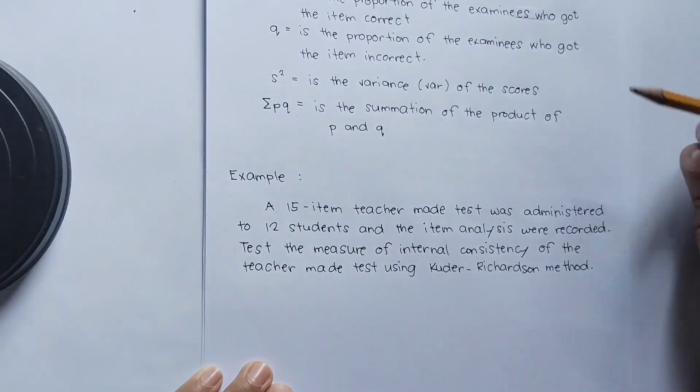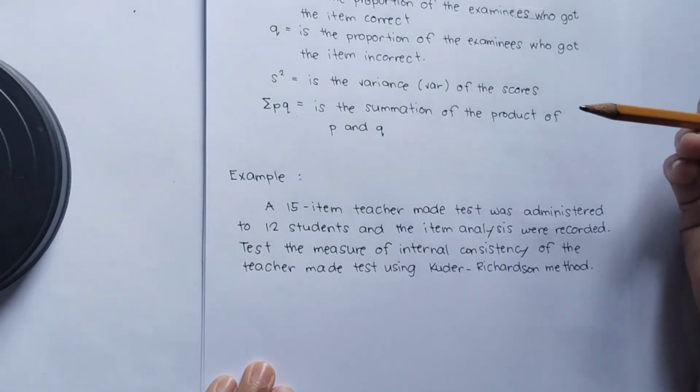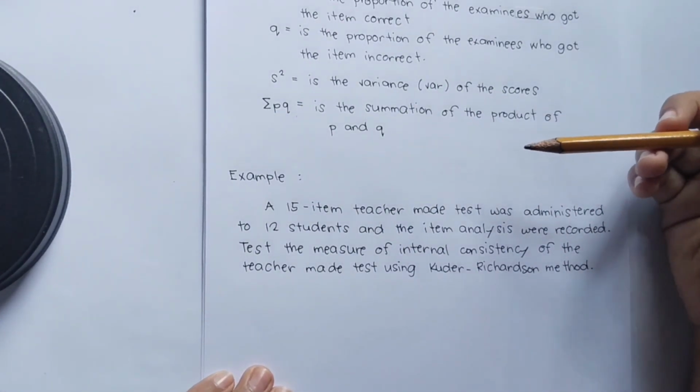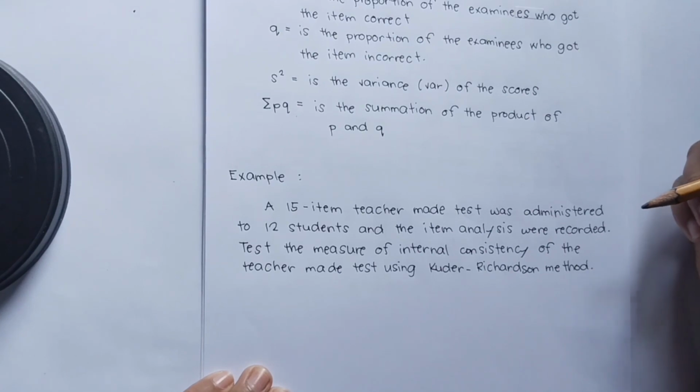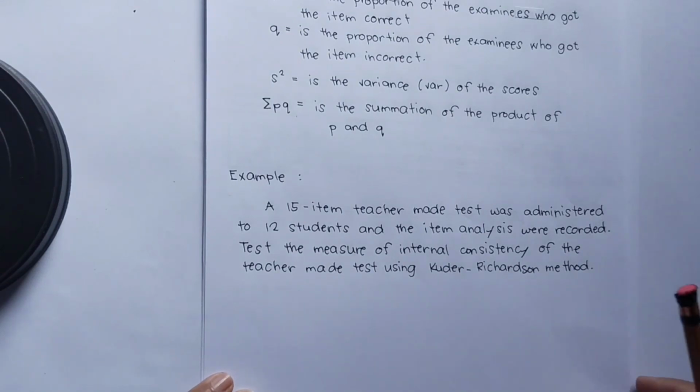Ito yung halimbawa. So, the situation is a 15-item teacher-made test was administered to 12 students and the item analysis were recorded. Test the measure of internal consistency of the teacher-made test using Kuder-Richardson method or yung KR-20.